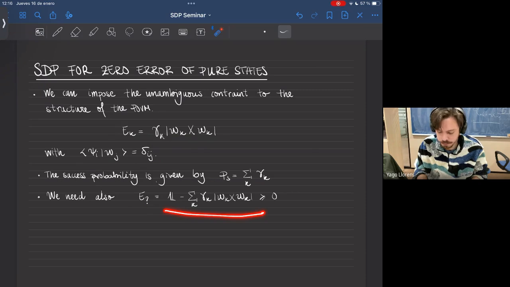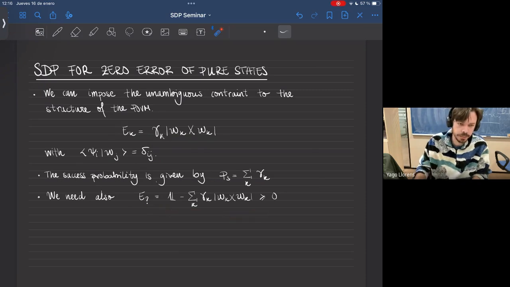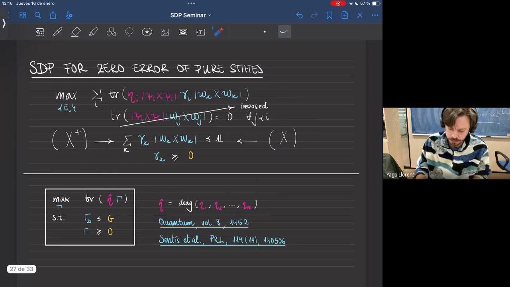Now we can write the SDP in an easier form.